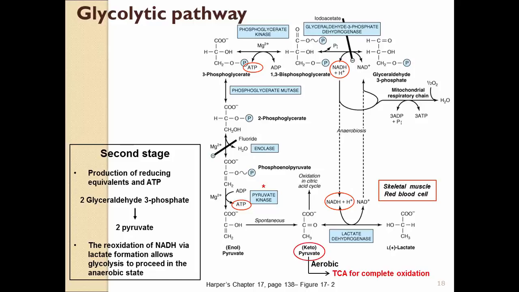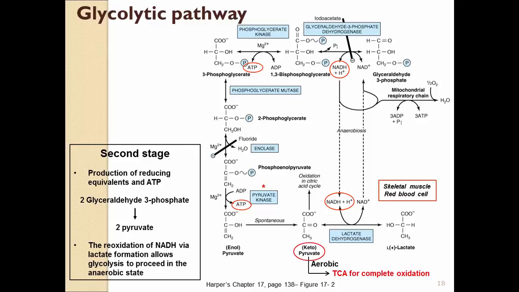And it also depends on the metabolic state, whether it's aerobic or anaerobic conditions. Under aerobic conditions, pyruvate will be the final product of glycolysis, and pyruvate will be further metabolized in the mitochondria.